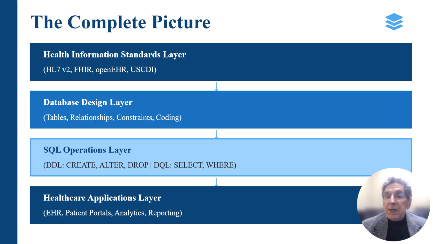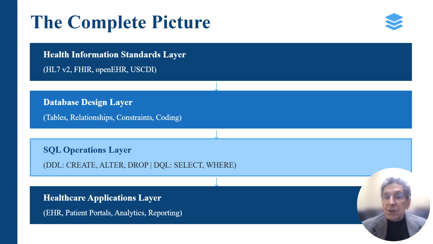Below that is the database design layer, and this includes tables, relationships, constraints, and coding systems. This is where standards get implemented in concrete structures. The patient table implements the concept of a patient resource. The ICD-10 column implements the requirement for coded diagnoses.